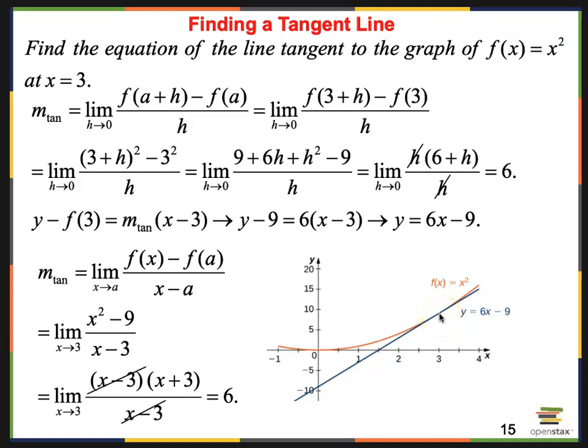So again, as we look at the limit as x approaches a, well, that was 3. If we go back to the beginning, we're approaching 3. So we're taking the limit of x squared minus 9 over x minus 3, the limit of a difference quotient.